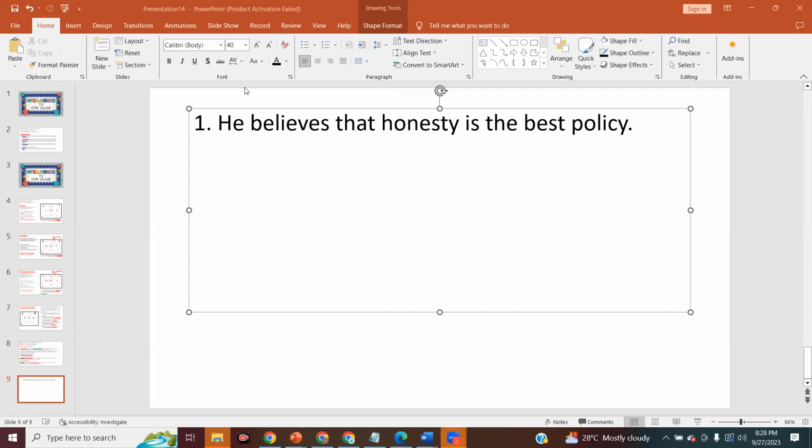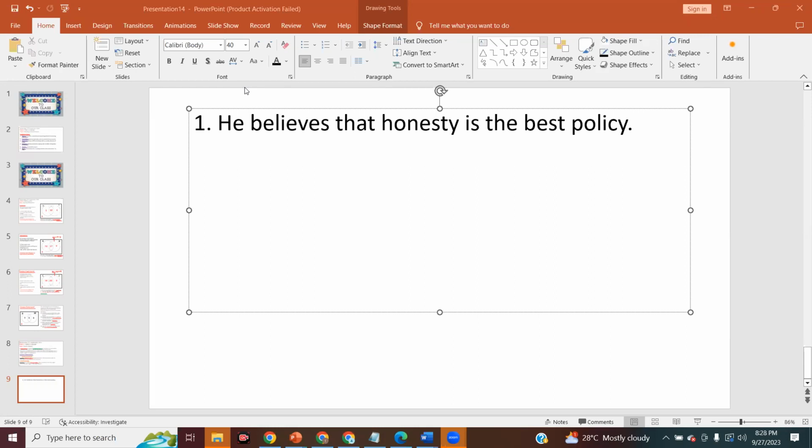Okay. All right. So most people say object. Why do y'all believe it's object? Because it's "believes that honesty is the best policy." That's more like action. Tell me, what is the verb then?